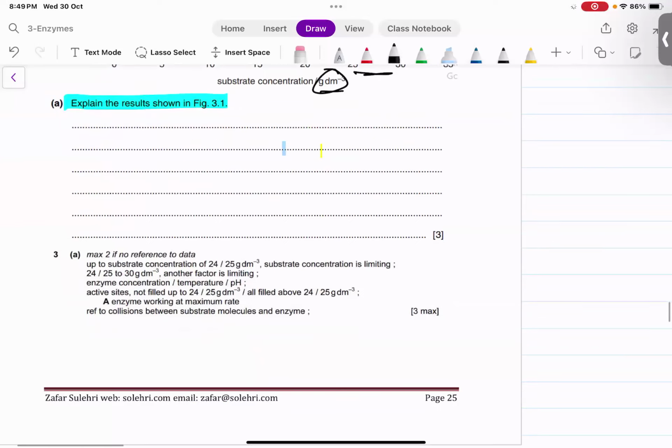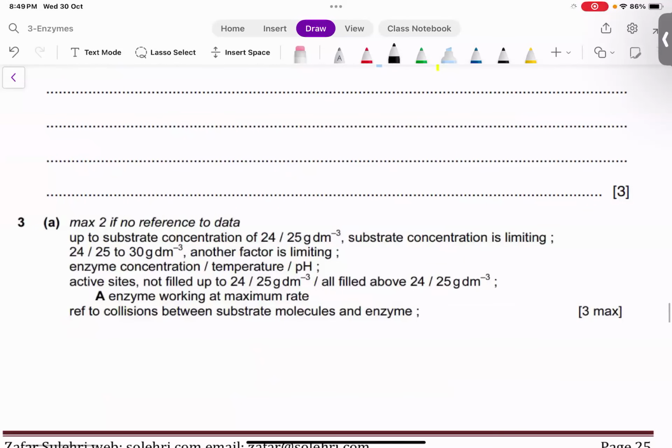Okay, so let's see these points. Up to a substrate concentration of 24 or 25, substrate concentration is limiting. Though we do not have this concept of limiting factor in AS, this is A2, you can also use the concept of limiting factor to explain the effect of substrate concentration on the rate of enzyme action. We'll discuss this concept in another lesson.